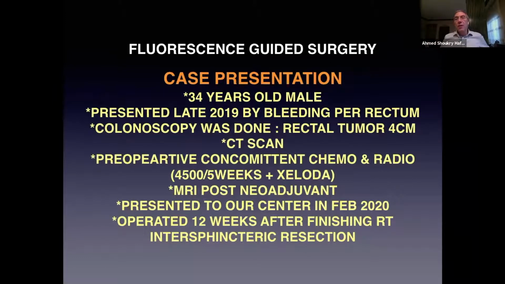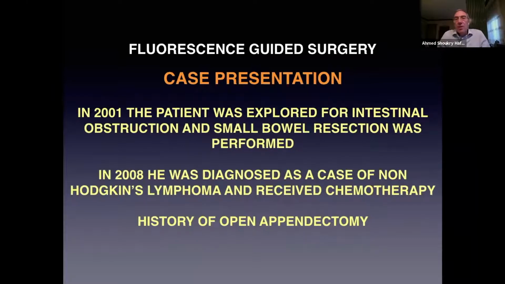We reviewed the case and we operated on him around 12 weeks after finishing his neoadjuvant treatment by an intersphincteric resection. But what was really interesting for this patient is that in 2001, he had a laparotomy and exploration for intestinal obstruction.